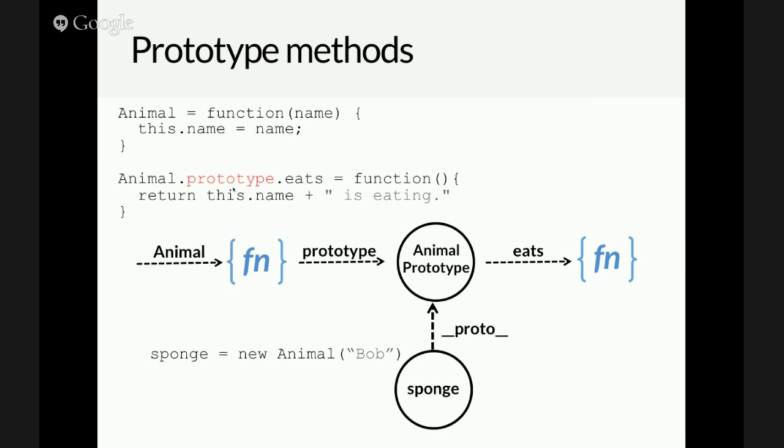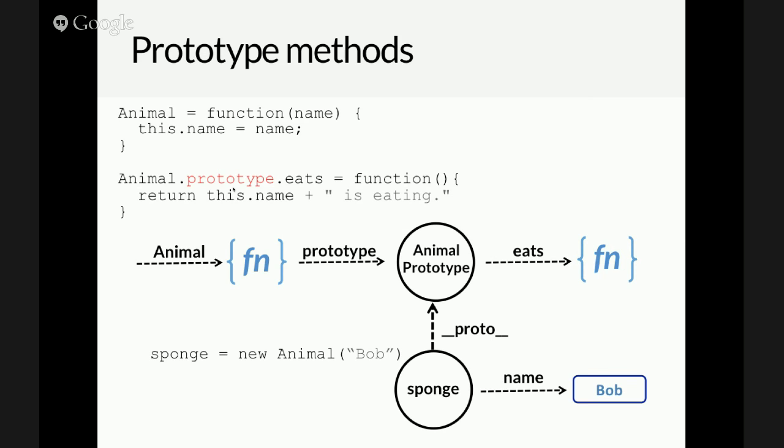I know that's a long-winded way to say it, but once you understand this concept, it's really, really powerful with what you can do. So we've created a new object in memory, and if you remember, objects have protos, functions have prototypes. This object's proto, because we used new, will point to the animal prototype.